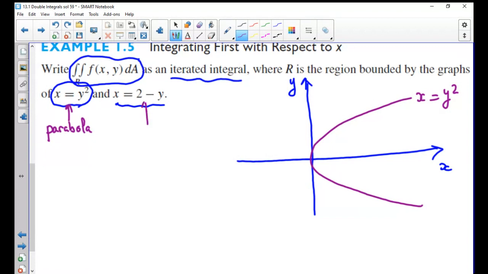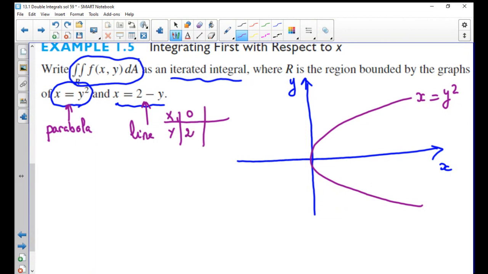How about this one? x equal 2 minus y. It's a straight line, yes. And if you want to graph it, all you have to do is take 2 points, x, y. When x is 0, you can see that y will be 2.